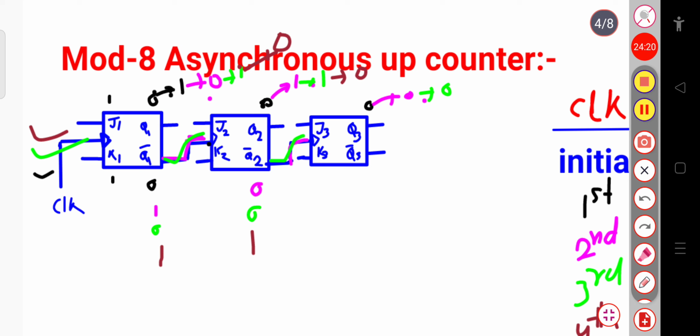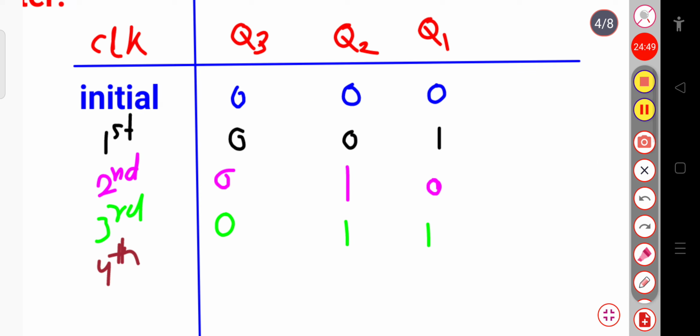Again this will be given to the third flip-flop, so this will be in the on state, and it will get toggled, that will be 0 goes to 1. Because of the toggling, 0 goes to 1, or if it is 1, it becomes 0. Now you can see the Q1 value is 0, Q2 value is 0, Q3 is 1. So 0, 0, 1. That is the value of Q1, Q2, Q3.